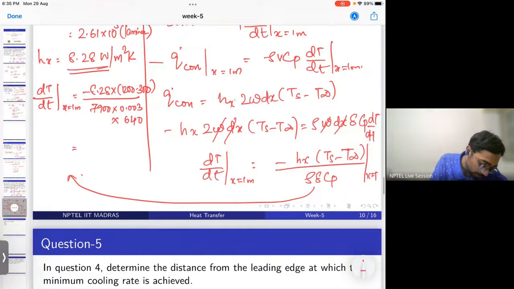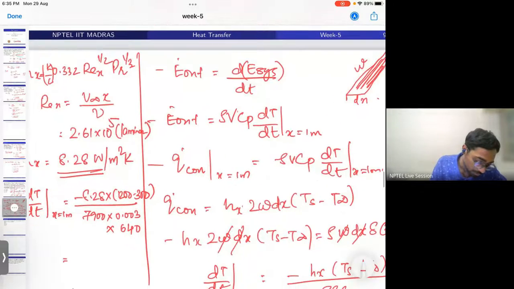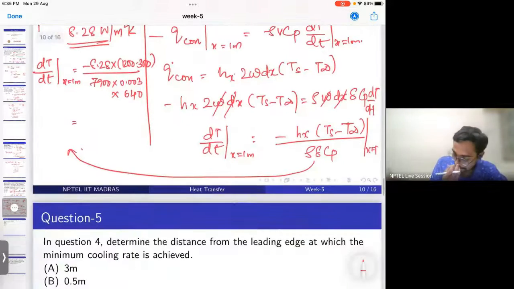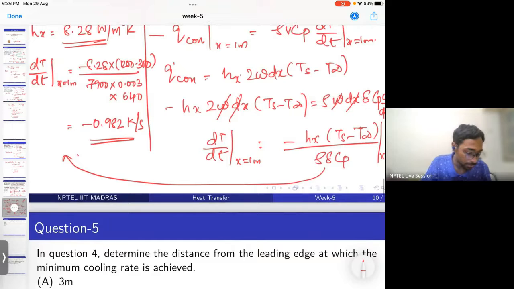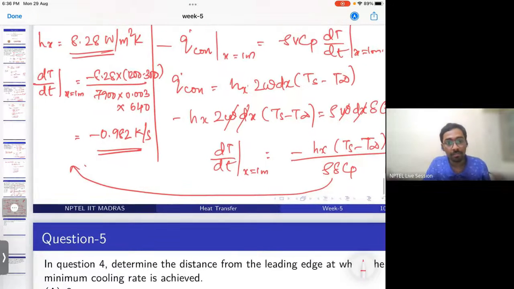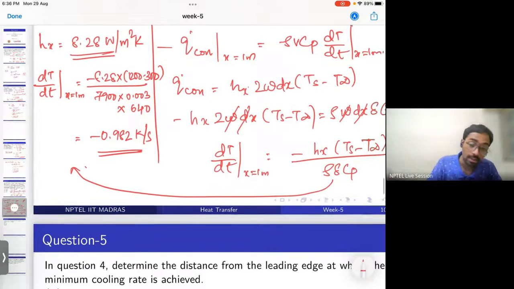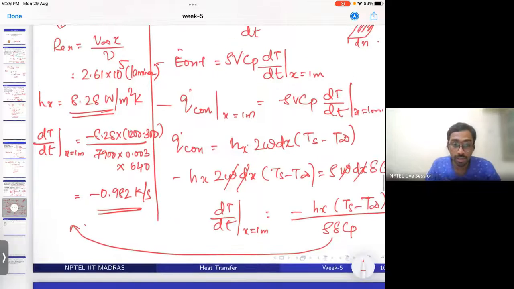If you calculate this, you will get the answer as minus 0.982 Kelvin per second. So this is the rate at which the temperature decreases at a location 1 meter from the leading edge.